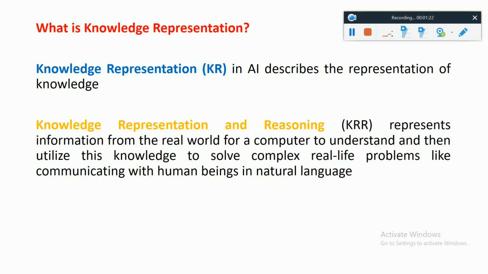Here, reasoning means to conclude or deduce from the given knowledge. So, knowledge representation and reasoning is basically the representation of information to understand and utilize the knowledge to solve complex problems like communicating with human beings in natural language.